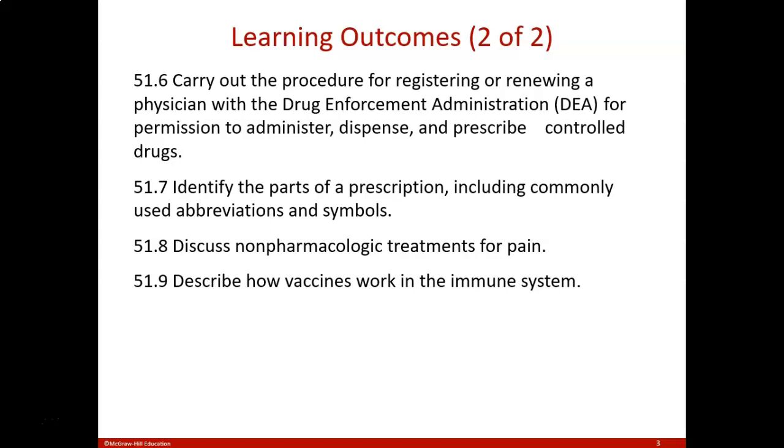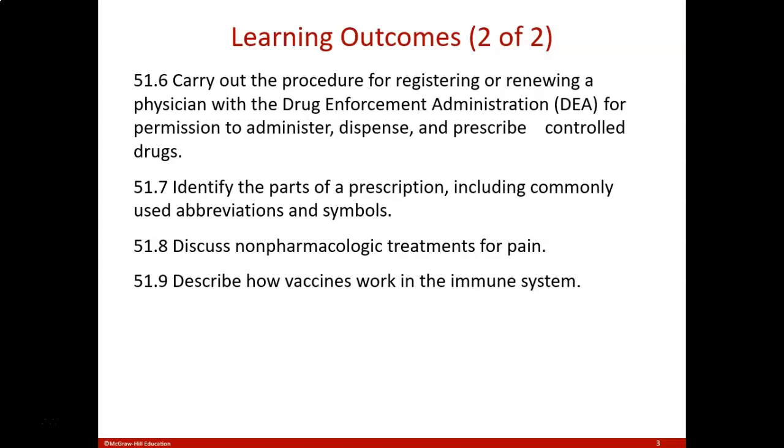There are a couple of tables in the book that talk about abbreviations and symbols. Starting to get a working knowledge of those will help you read and interpret, because a lot of times patients will come to you and ask, what does this mean? Even though you're not the one prescribing the medication, you need to at least be able to interpret.